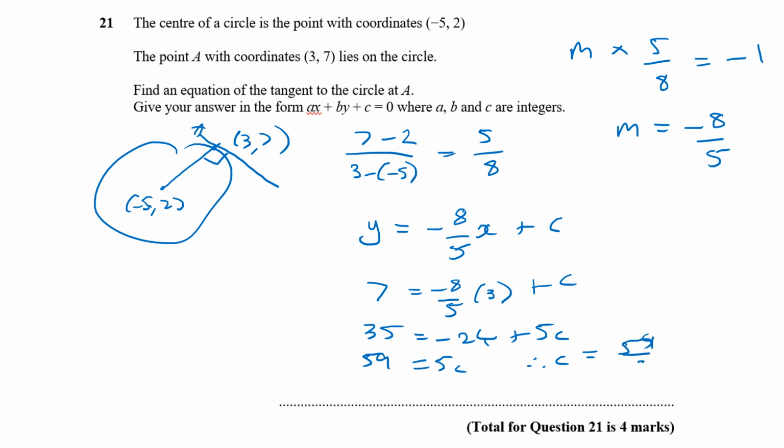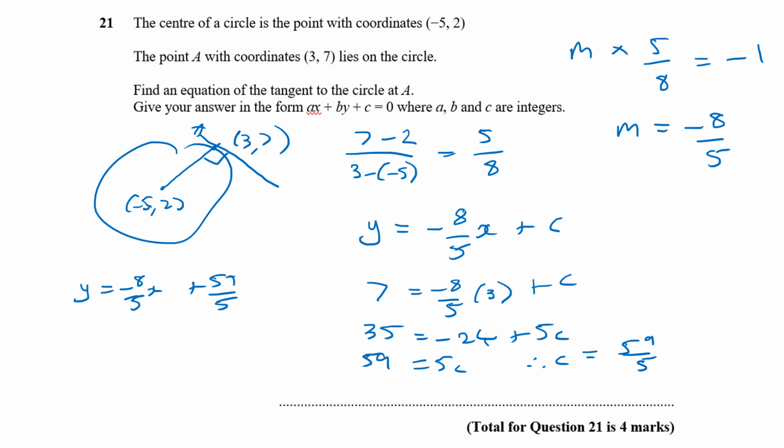But we want the equation in the form ax plus by plus c equals 0. So we have y equals -8/5 x plus 59 over 5.